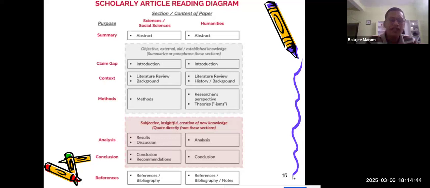That comes under recommendations, which means we need to give some recommendations to the next researchers on how they can continue the same work. But in humanities there are no such recommendations. Whenever they want, they can download the data and analyze it. That's it. The last one is the same: references, bibliography, everything is the same. There is no difference. So this is the comparison between the sciences paper and the humanities paper.